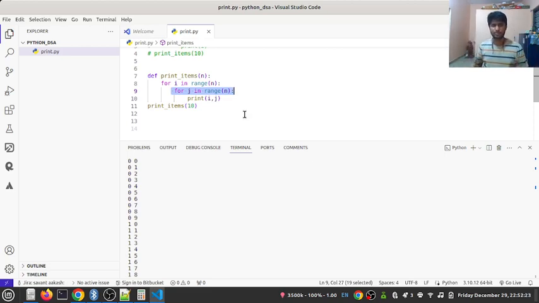Inside it, another for loop will take another n time complexity. If you multiply it, n into n, there will be n square, right? You understood the idea, I guess, right?